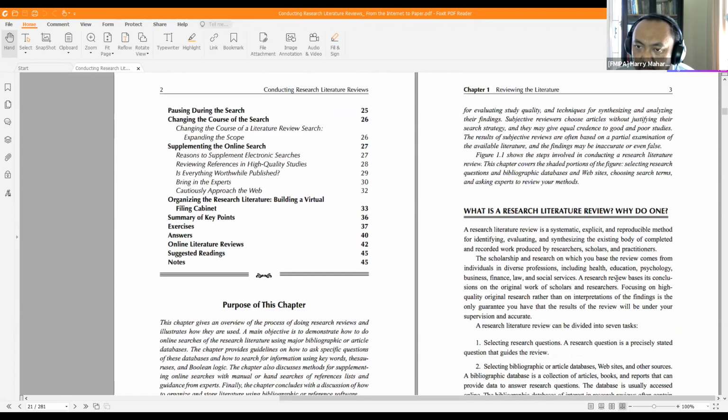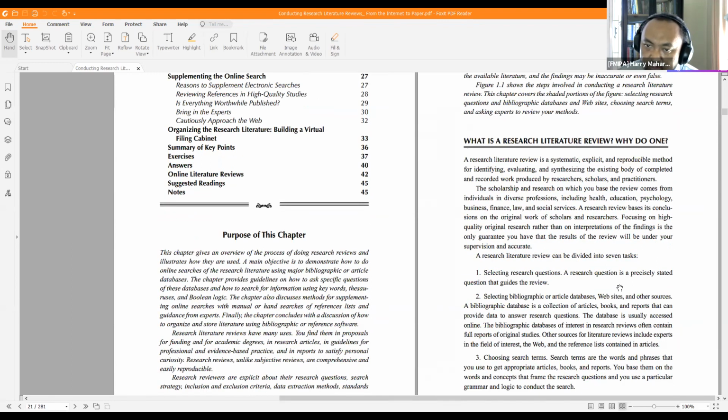Okay, so the definition of a research literature review is a systematic, explicit, and reproducible method for identifying, evaluating, and synthesizing the existing body of completed and recorded work produced by researchers, scholars, and practitioners.